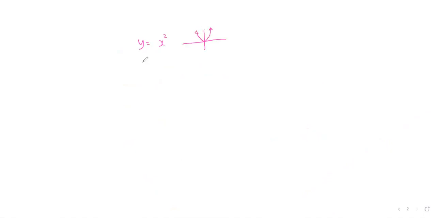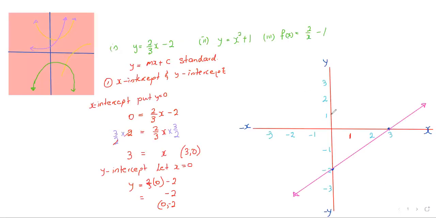Now this one is y is equal to x squared plus 1. That is to say, q is equal to 1. So we expect this graph to go 1 unit up. So on this Cartesian plane, we expect that graph to go through there.